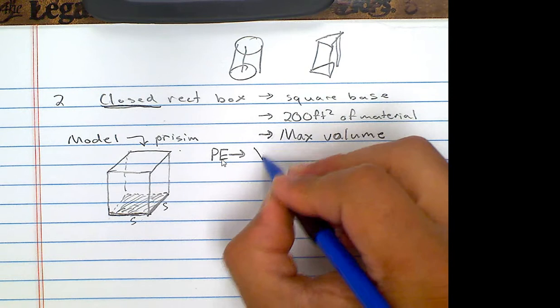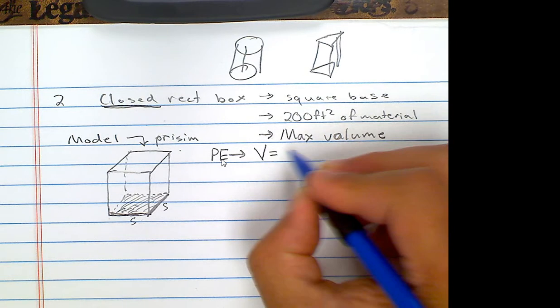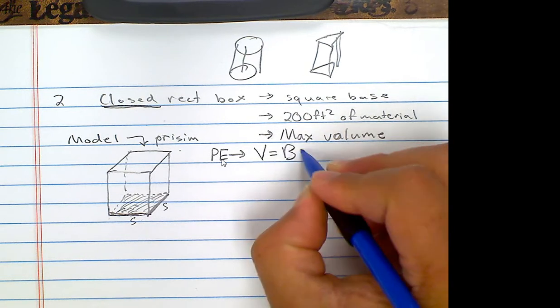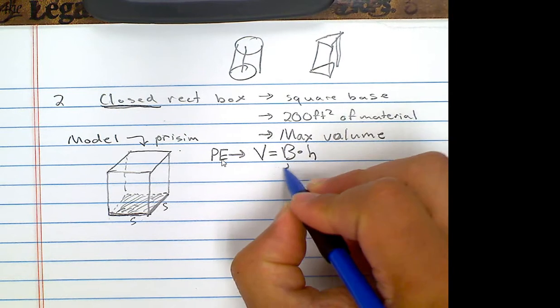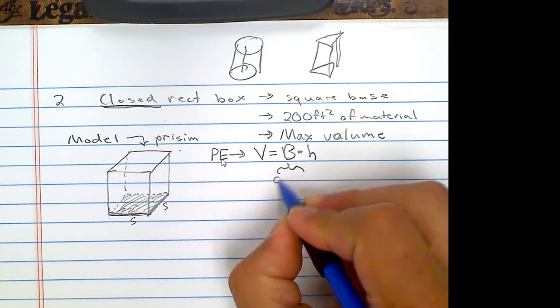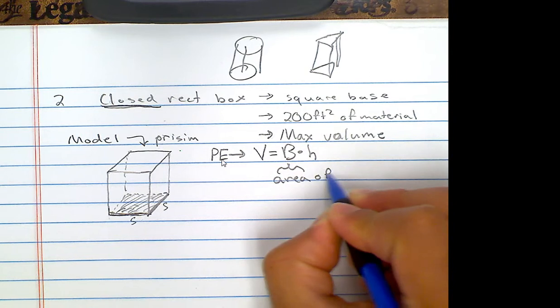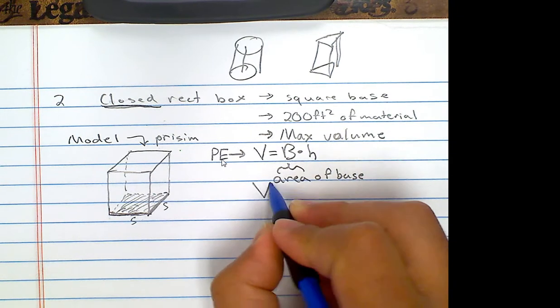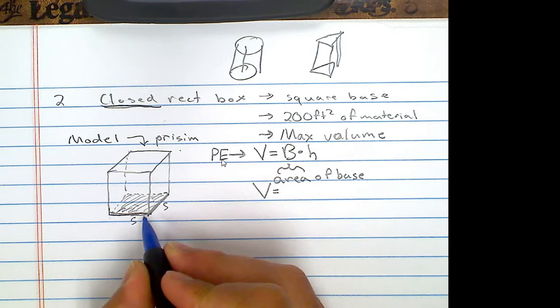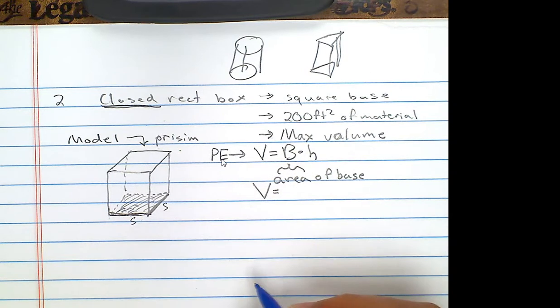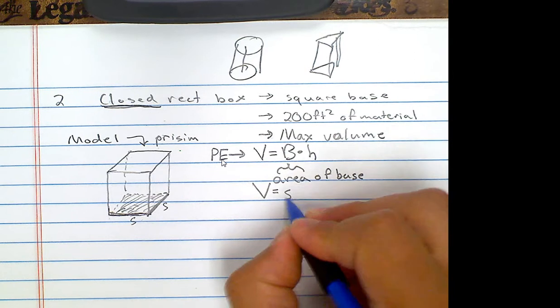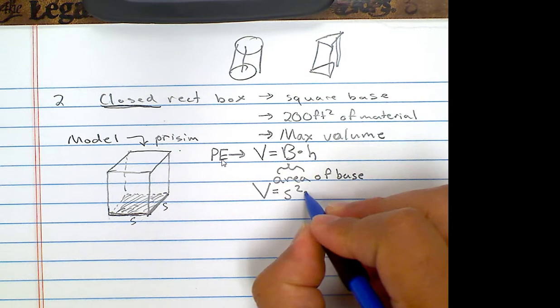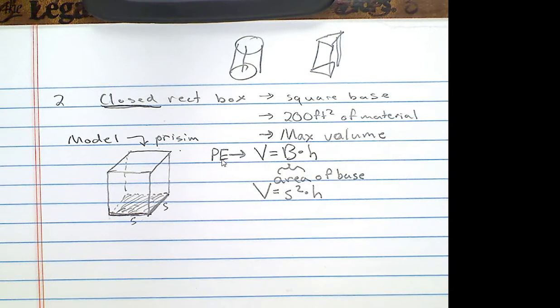Now the volume of any prism is big B times height, and B stands for the area of the base. Okay, so what's the area of the base? This is a square, so the area of the base is S squared. S squared times height. There we go. We've got our primary equation.